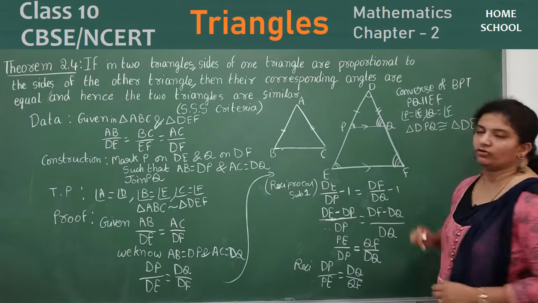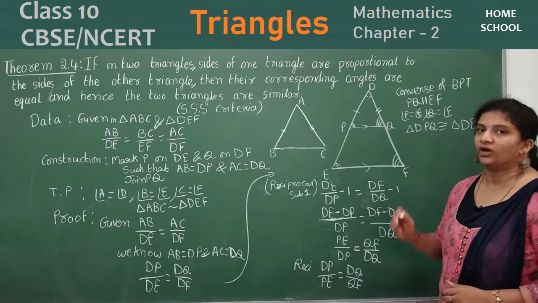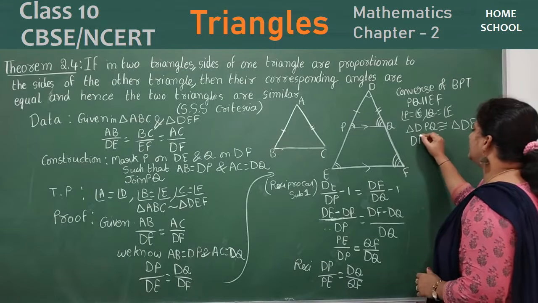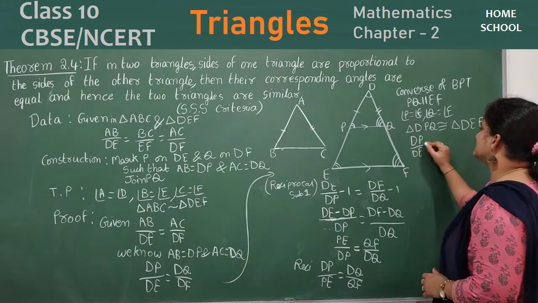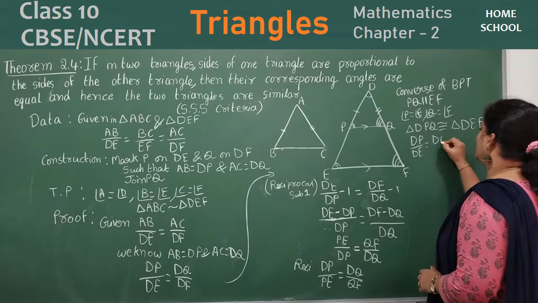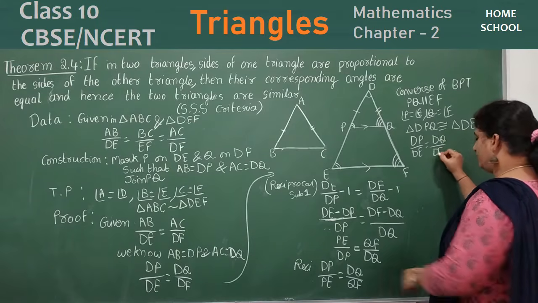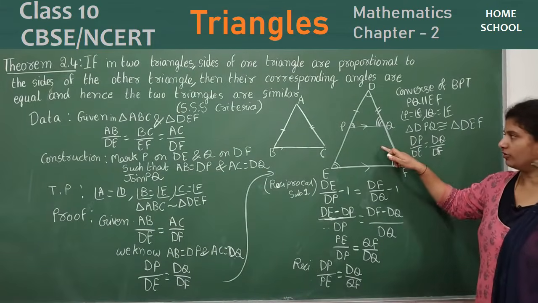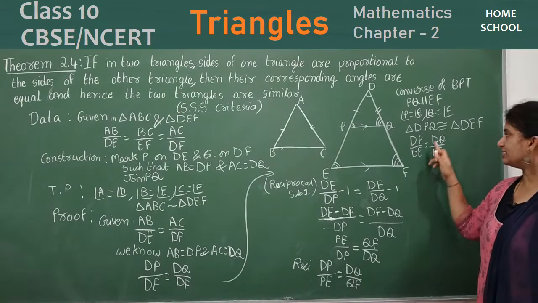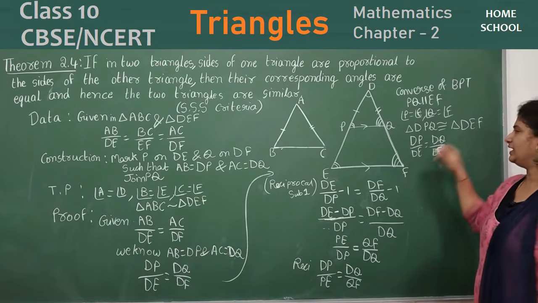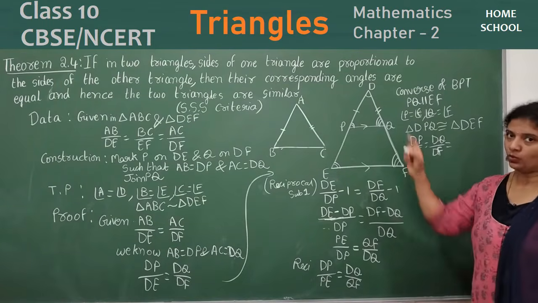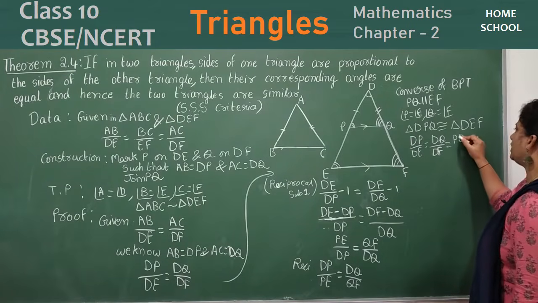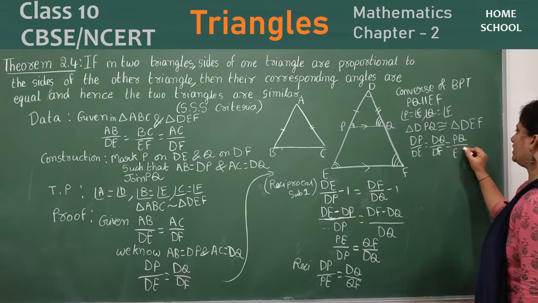If they are similar, by corresponding sides, what can I say here? Other ratios, that is DP by DE is equal to DQ by DF. These two triangles are similar. That makes DP by DE equal to DQ by DF. That is also equal to, all the three sides are in proportion, right? One more new side is PQ by EF.